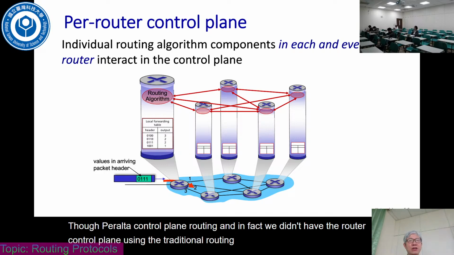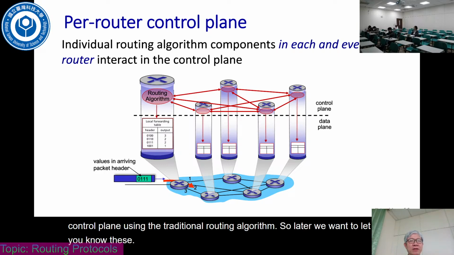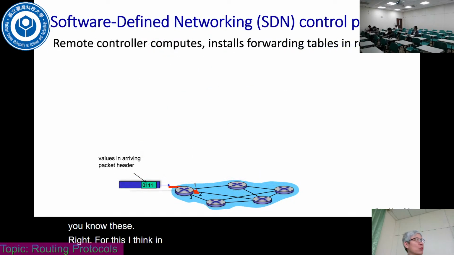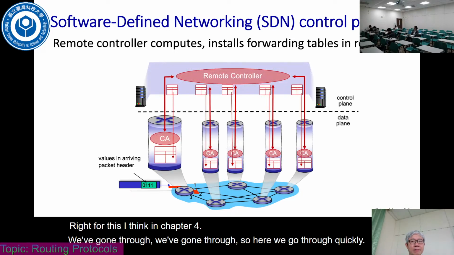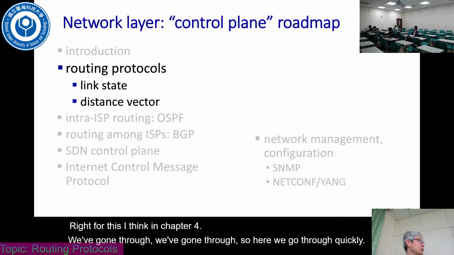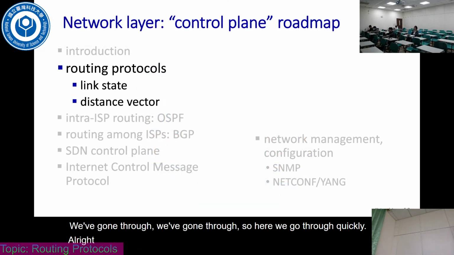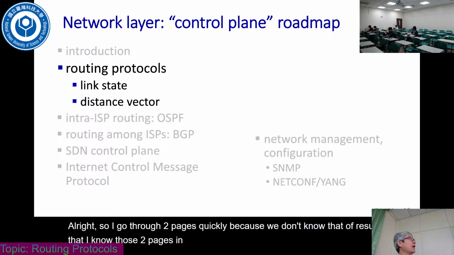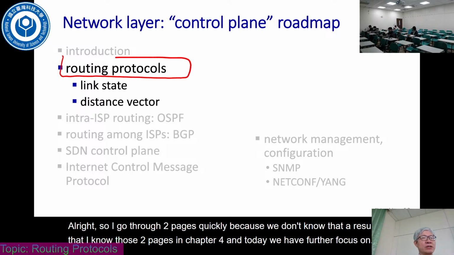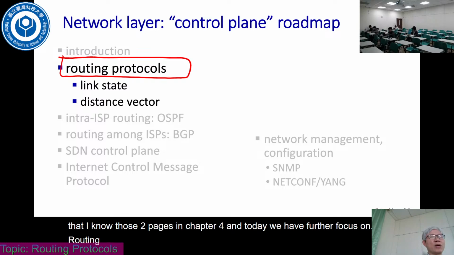All right, so for these, I think in chapter 4 we've gone through them, so here we go through quickly. I go through 2 pages quickly because we already know those 2 pages from chapter 4. And today we focus on routing protocols. And we will have link state and distance vector later.